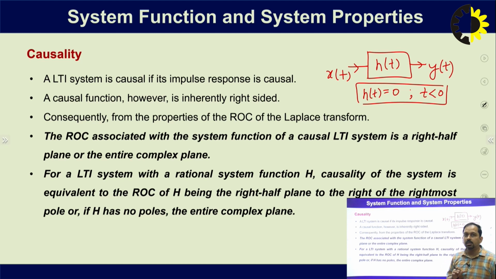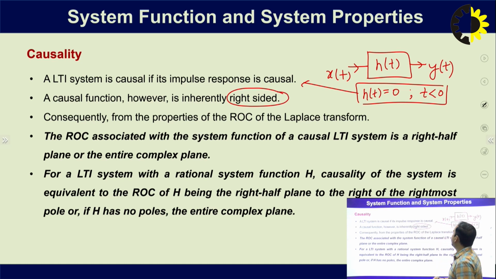So this is the method in time domain by which we can say whether the LTI system is causal or not. We start with the first condition that an LTI system is causal if its impulse response is causal. A causal function is inherently right-sided.